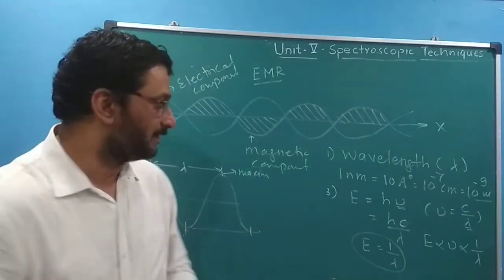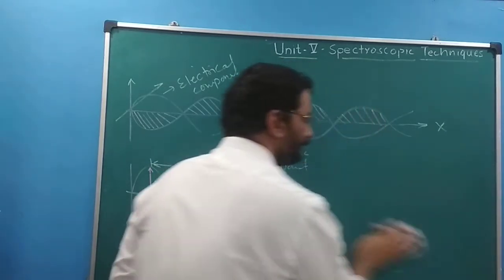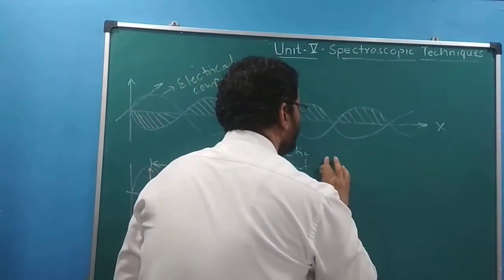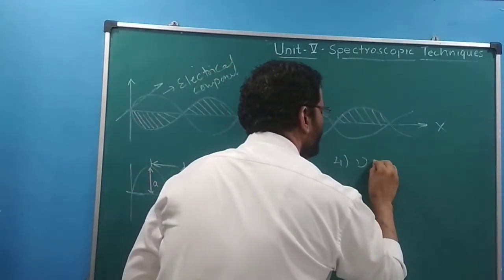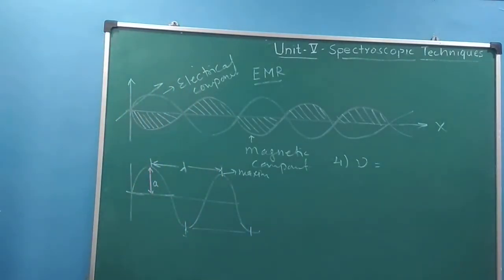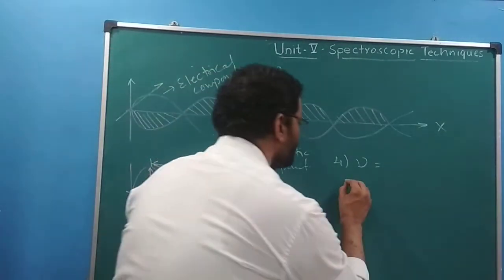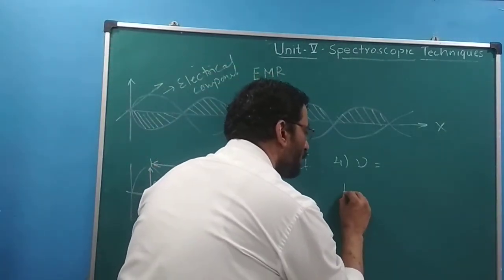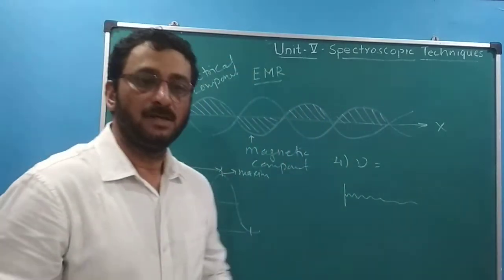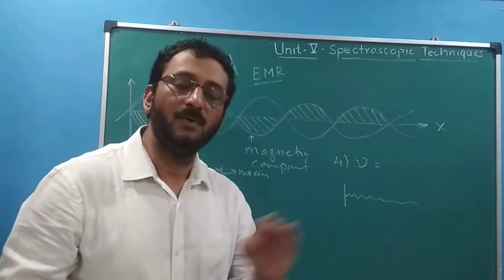This is the second parameter. Next parameter of this radiation is frequency of radiation, nu. What is that frequency? Frequency is the number of wavelength units passing through a given point in a given time.